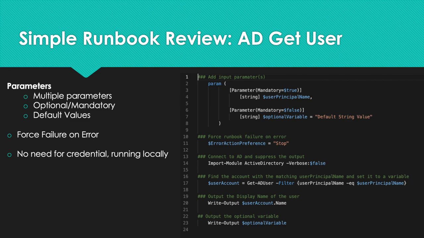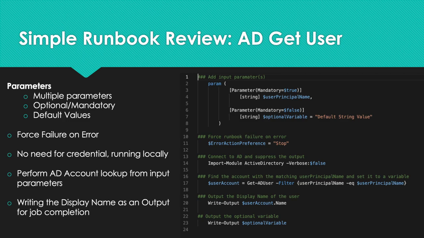We're not having to pass a credential because this is running locally. We're performing the AD account lookup based on the input parameters, and we're writing the display name as an output for the job completion. All in all, it's essentially the exact same script that we saw for the Azure-based Runbook, but running directly on an on-prem server within our own environment from our own Active Directory there.